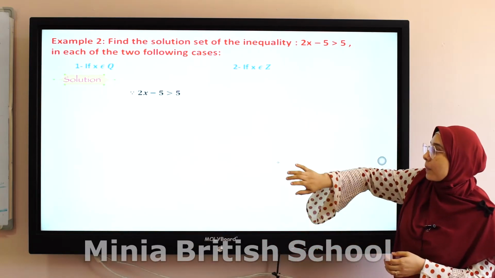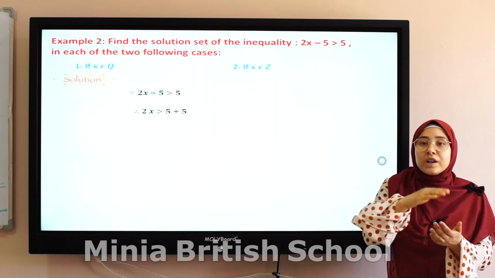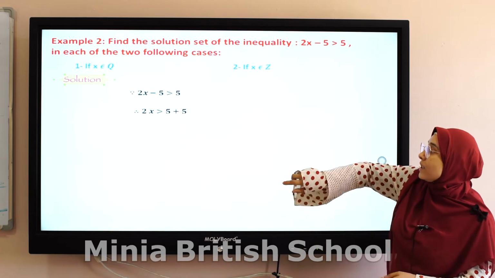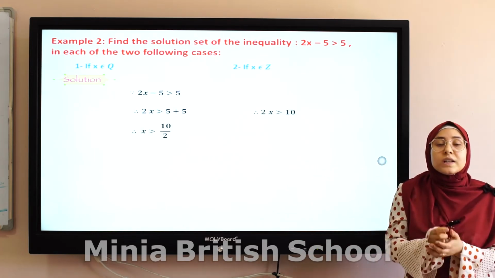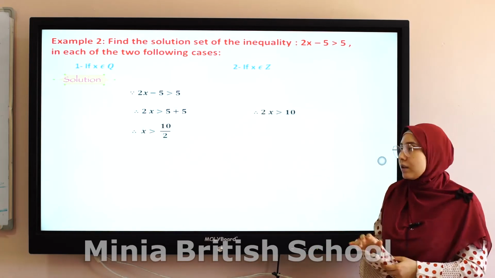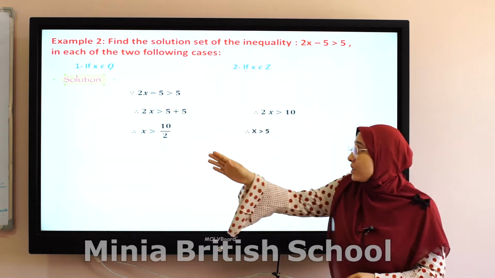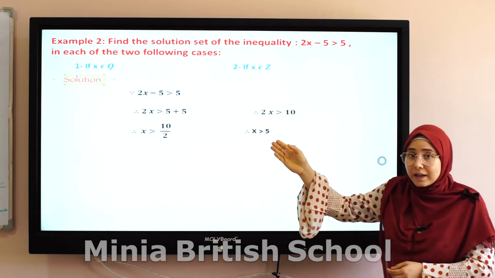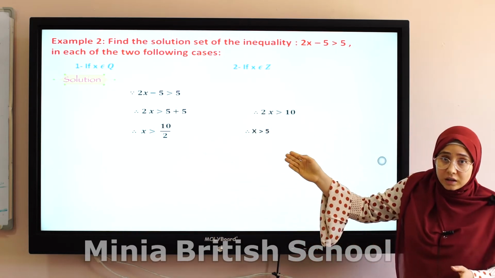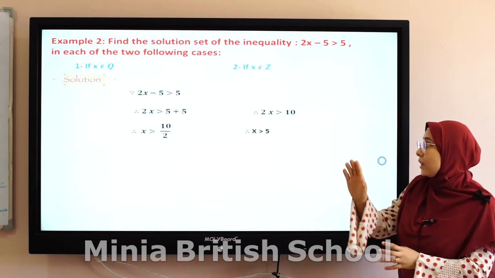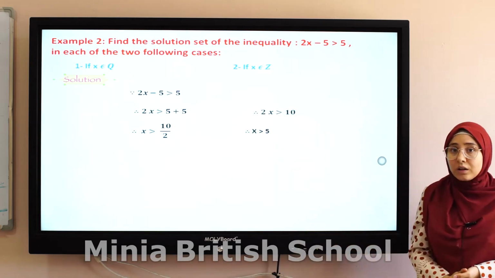So 2x is greater than 5 plus 5, okay? So 2x is greater than 10. Now I will divide by 2. So x is greater than 10 divided by 2, x greater than 5, okay? So my inequality, after I simplify it, is x greater than 5.